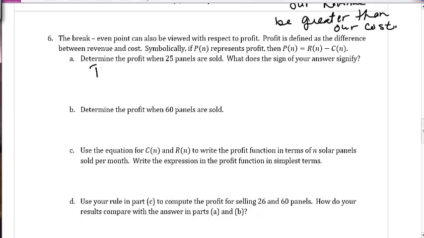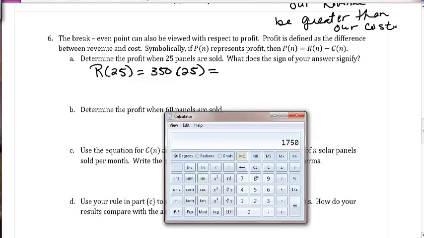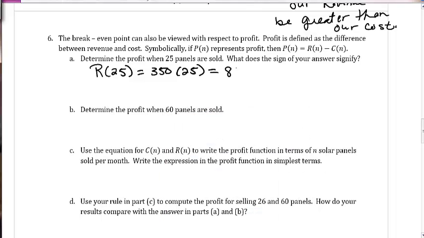So first we could calculate R of n, and that would be R of 25. So that would be 350 times 25, and we get 8,750.